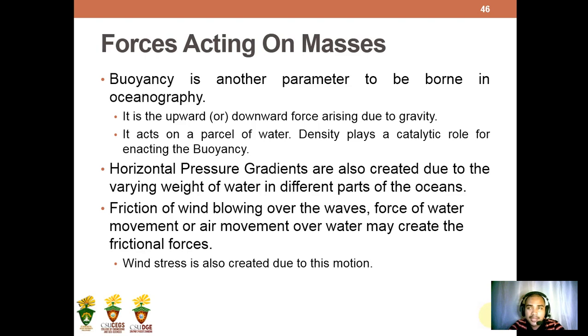So due to the effect of the external forces, wind, air movements, and waves, this will create frictional forces. And wind stress is also created due to this motion, which we will discuss again.